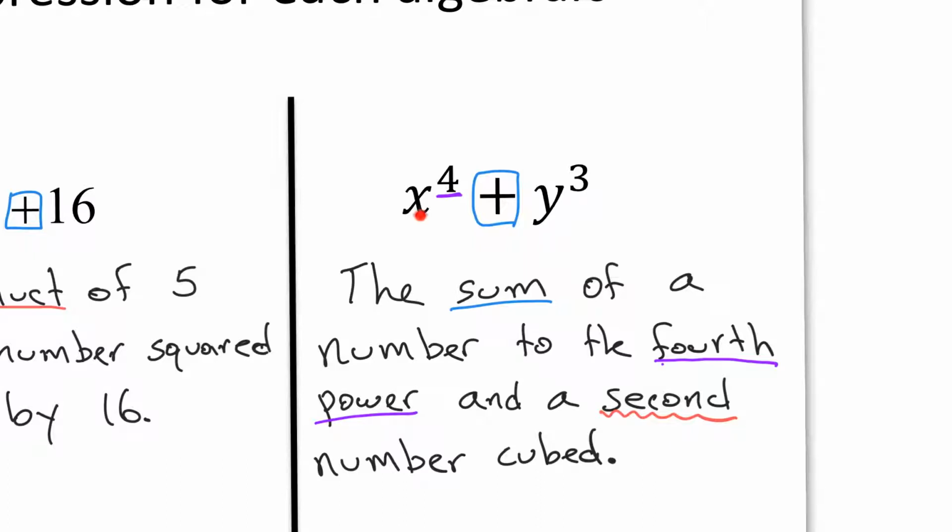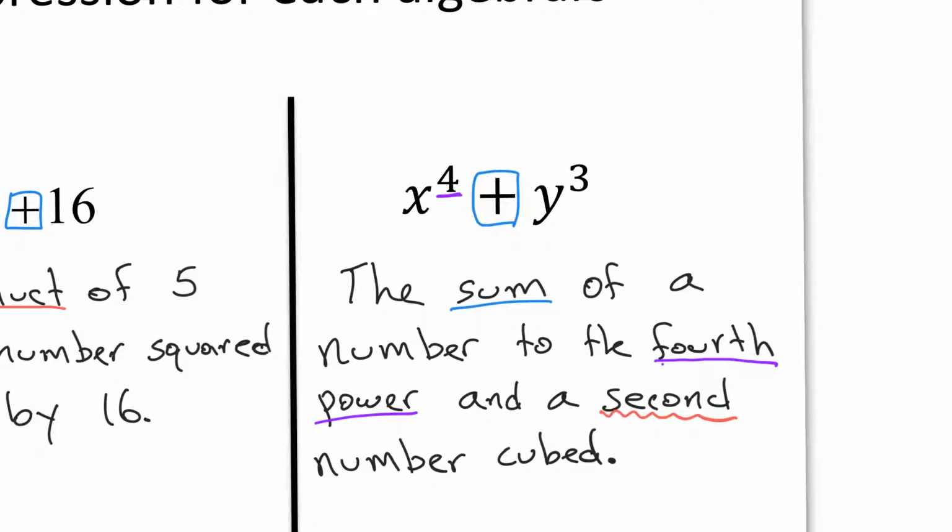So here, since we have an x and a y, we cannot use the phrase a number twice, because if we say the sum of a number to the fourth power and a number cubed, you're talking about the same number. But you have to differentiate that we have two different numbers, two different variables. So that's why I use the word second to say I have a number, so that's the first one, but I'm adding a second different number.